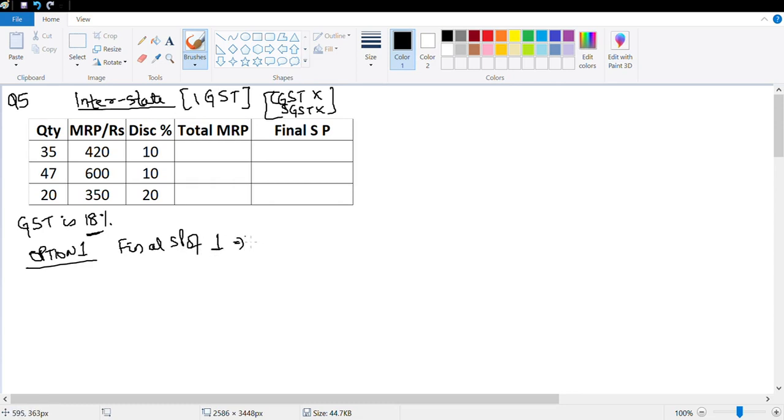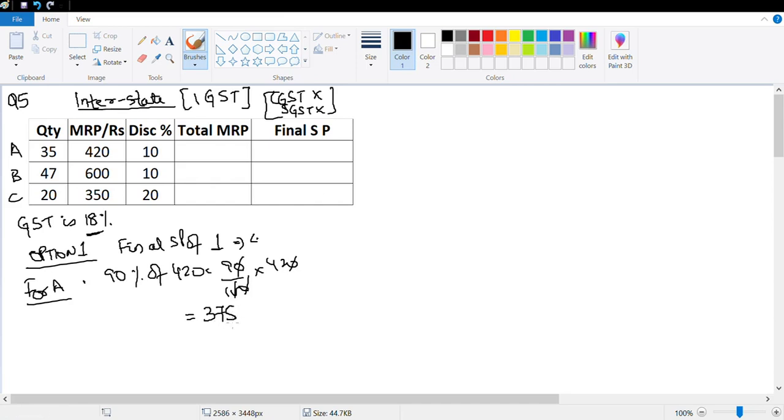If 10% is the discount, for A, B and C, for A my final SP will be 90% of 420, which is 378.